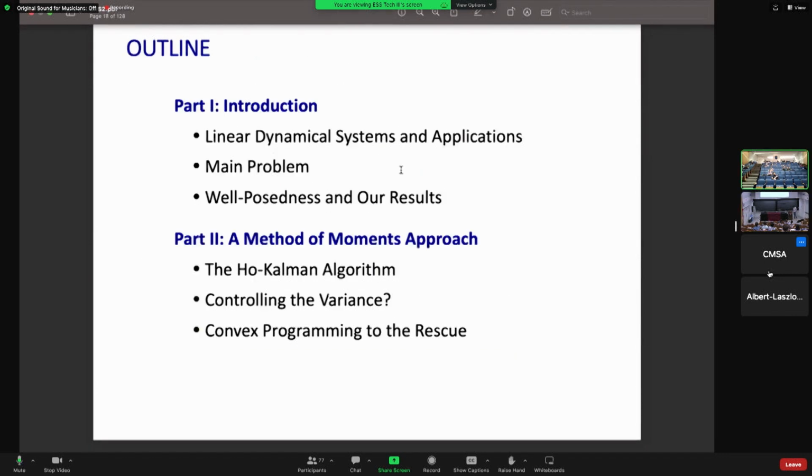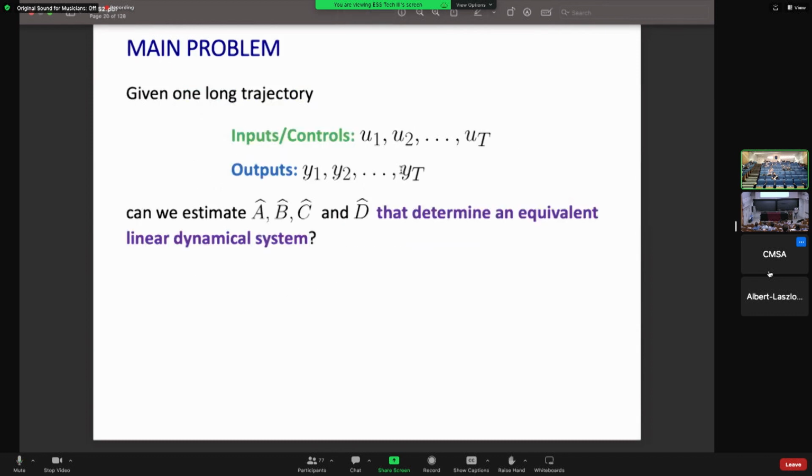So what I want to do right now is formalize what the main problem is. We'll work through this slowly before we get to the precise statement of what I want to do. But I'm going to set the strongest possible learning goal: I want to learn a linear dynamical system not from many trajectories, but from one single very long trajectory. It's not even obvious you should be able to do such a thing. So what I'm going to get is a very long sequence of inputs, and a very long sequence of the outputs.